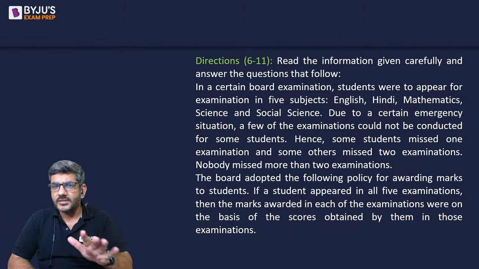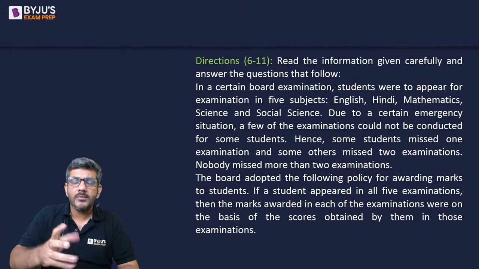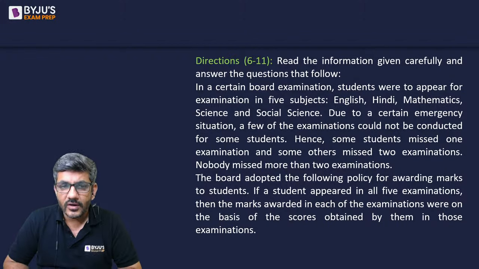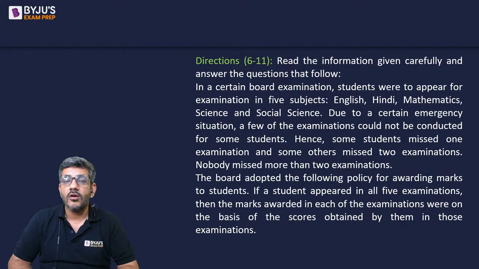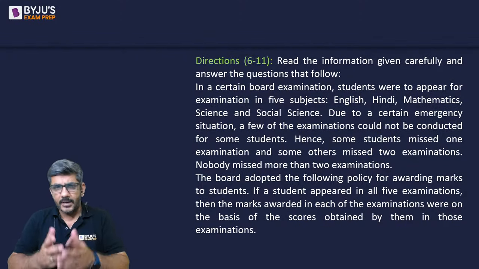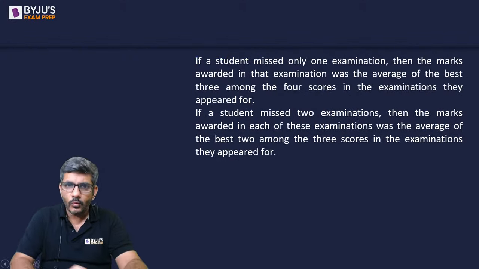So there are 5 subjects. Some people have missed one and some of them have missed two. The board adopted the following policy for awarding marks to students. If a student appeared in all 5 examinations, then marks awarded would be on the basis of scores. If you gave all five papers, you get the score that you have got in all 5. What next?